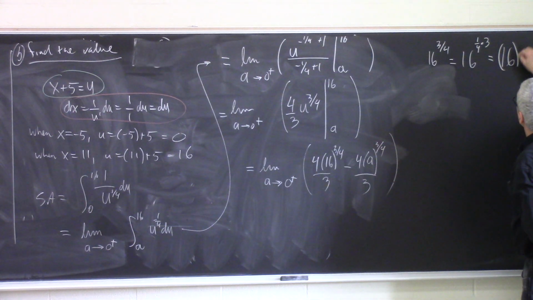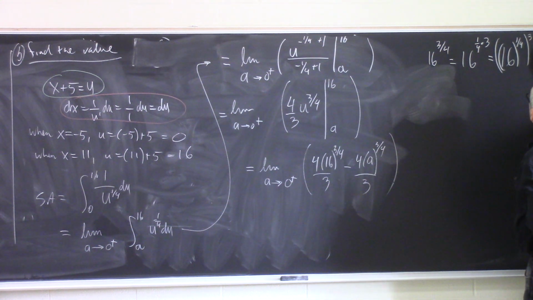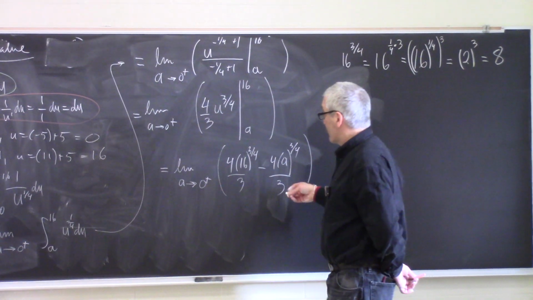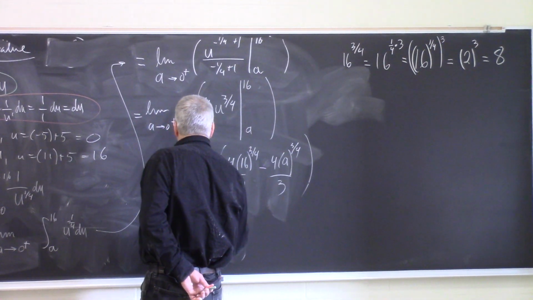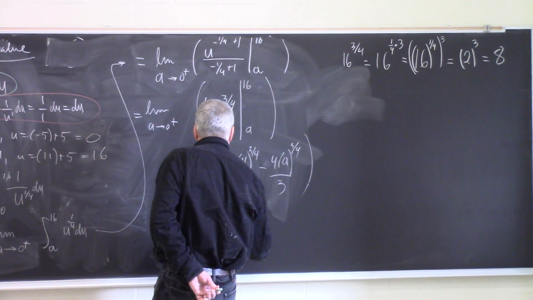So this is the same as 16 to the 1/4, and then that raised to the 3rd power. Well, the 4th root of 16 is 2, so we raise 2 to the 3rd power, and we get the number 8. So we get 8 for this, we get 0 for that limit, so we get 4 times 8 over 3, so we get 32 over 3.